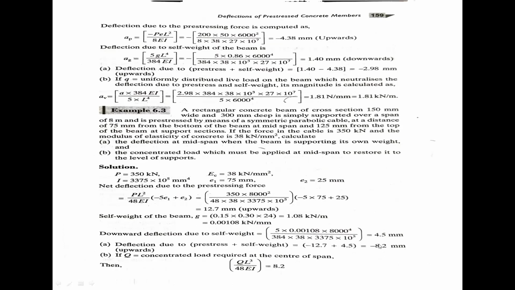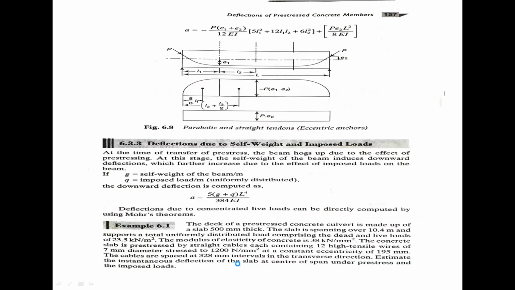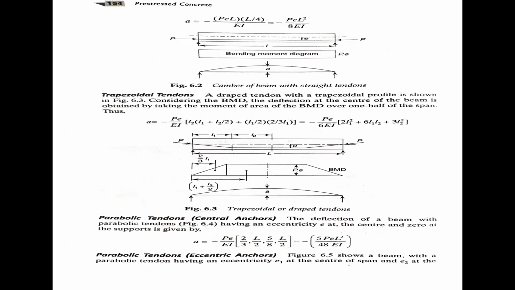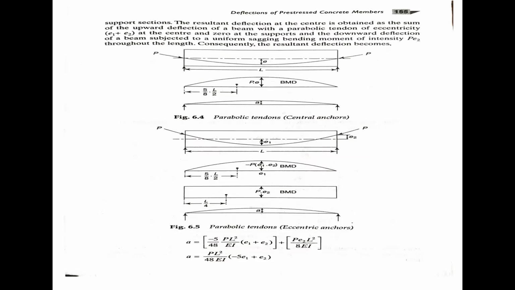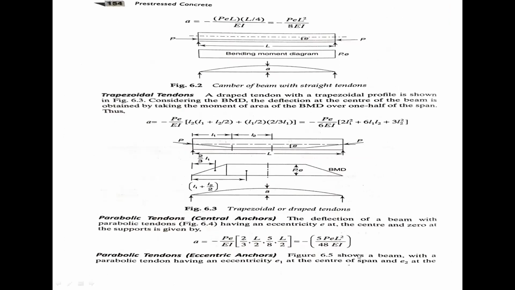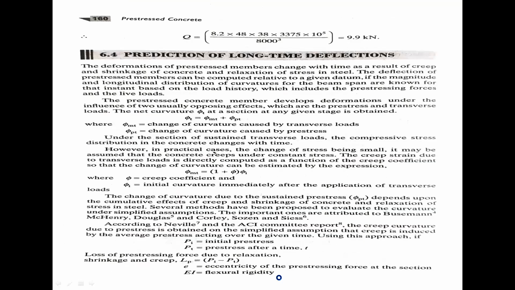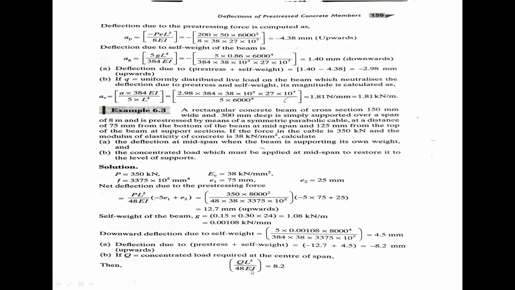For the overall deflection, using this formula, you have to take the concentrated load in the parabolic condition for this problem. The two derivation parts are 5PeL squared by 48EI, and now the total is QL cubed by 48EI.